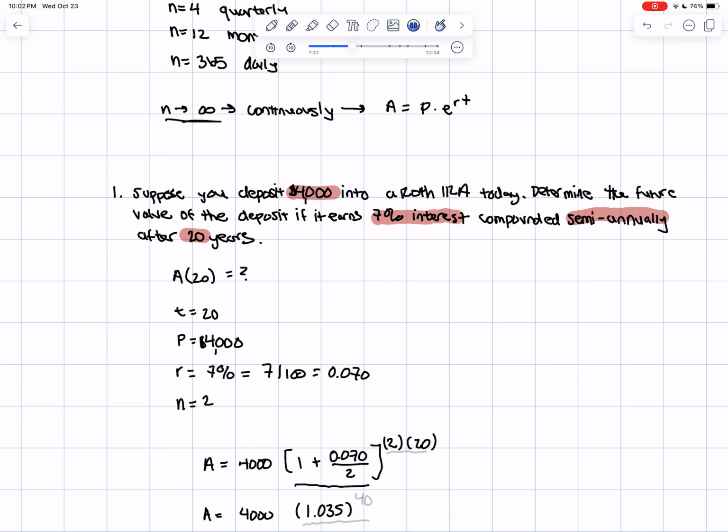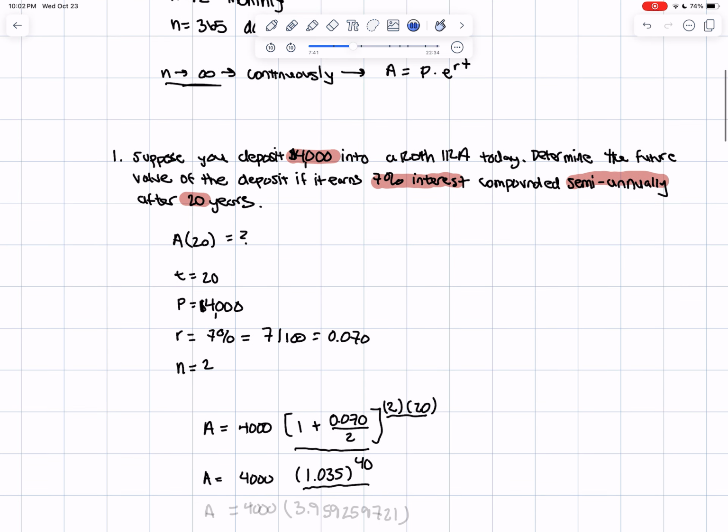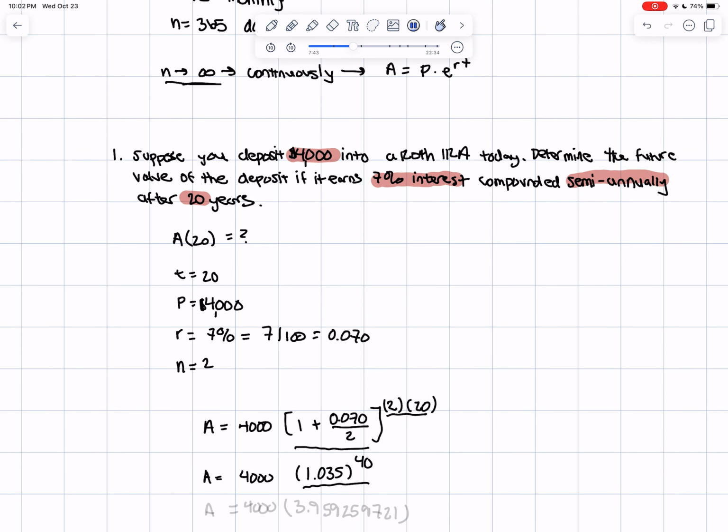Now I'm going to do the exponent. So 2 times 20 is 40. So now I'm going to do this together. I'm going to do 1.035 raised to the 40. And that gives me this. And then I want to multiply it by my initial deposit.